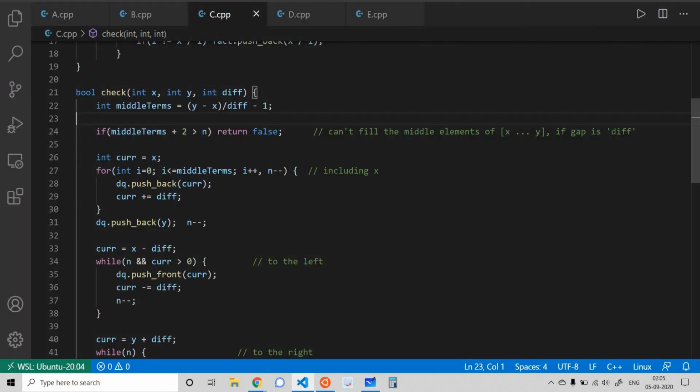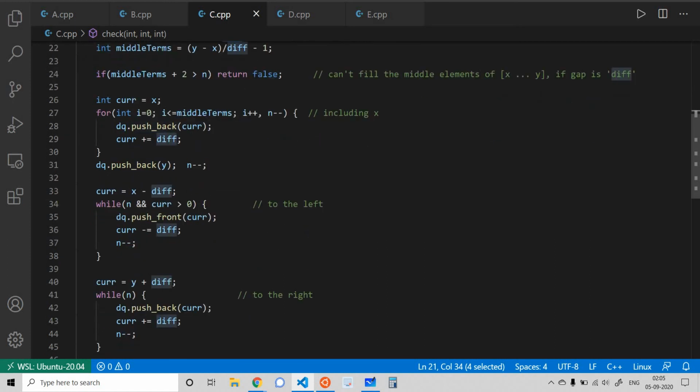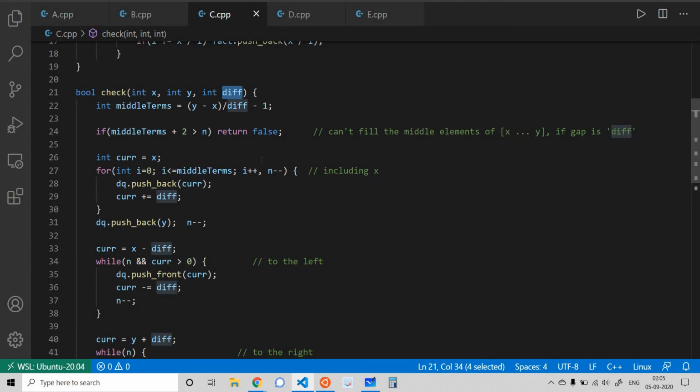And if the number of middle terms which we are placing between x and y, plus 2, where these 2 represent x and y, is greater than n, then we are returning false, as this is not possible. It is not possible to use this div as the difference between adjacent elements. And if it is not so, then I'm sure that this would be your answer, as I've sorted the factors.